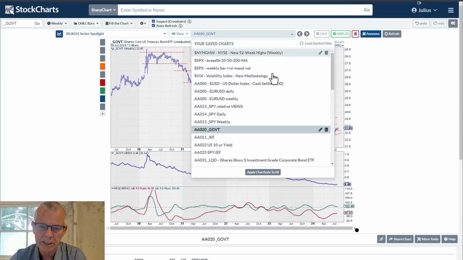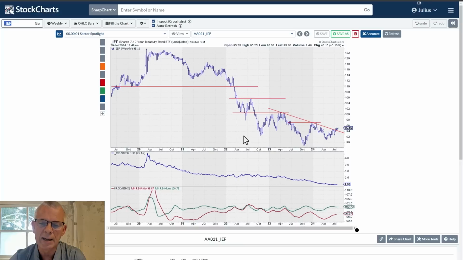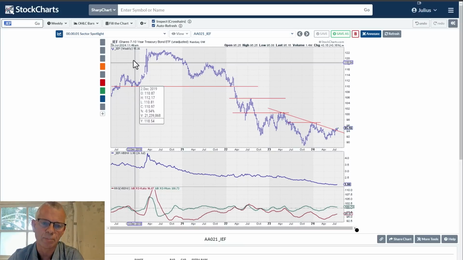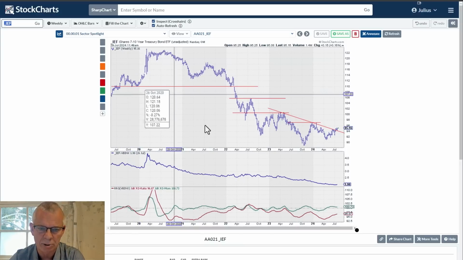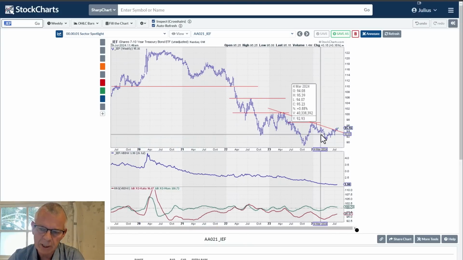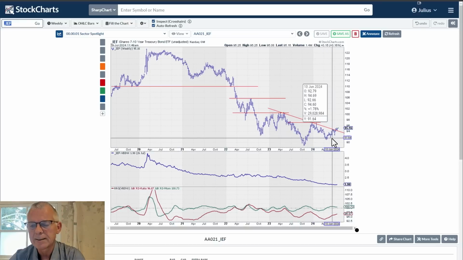And we see a similar move in IEF, that's the 7 to 10 year Treasury bond ETF. A pretty clear break to the upside, which signals lower rates ahead, or at least a pause in the rising rate environment.